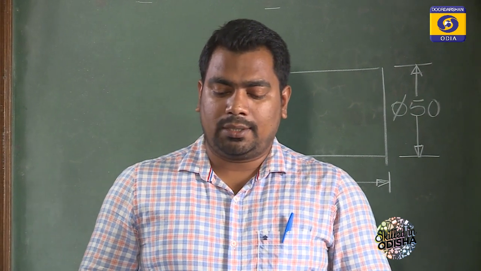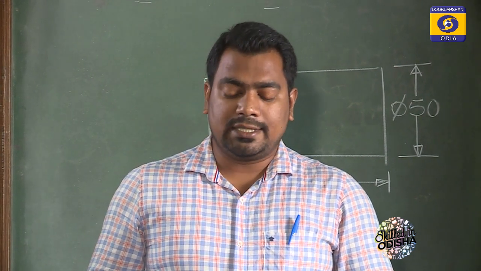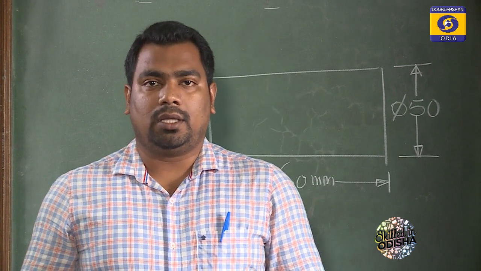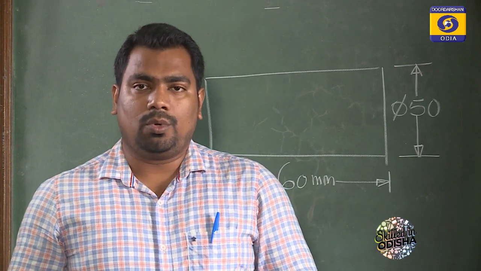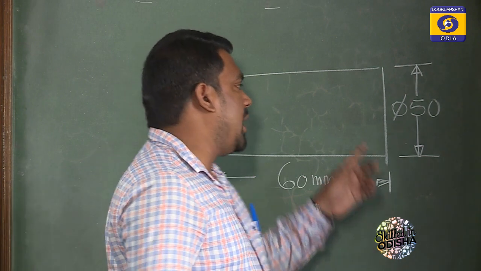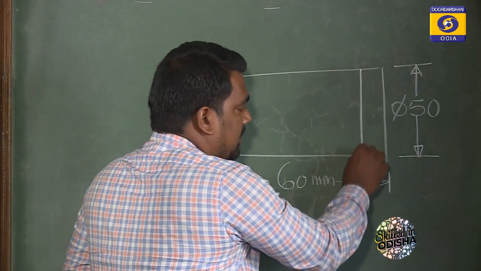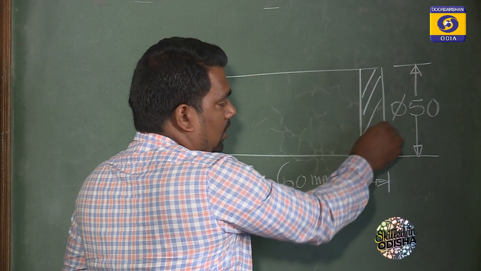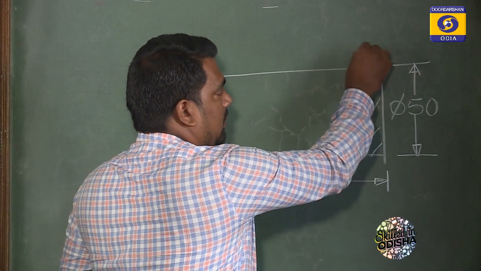So here, since in phasing we have to maintain the length to 50 mm, we have to machine this face up to 10 mm.